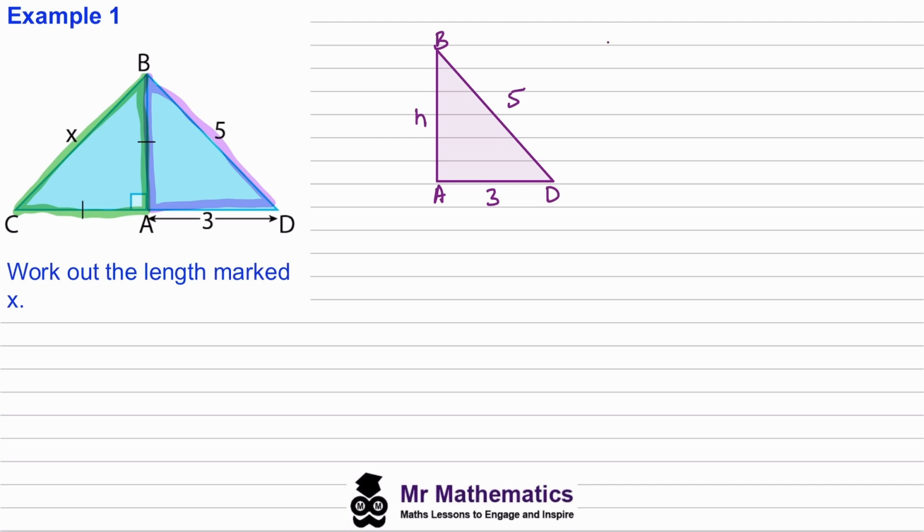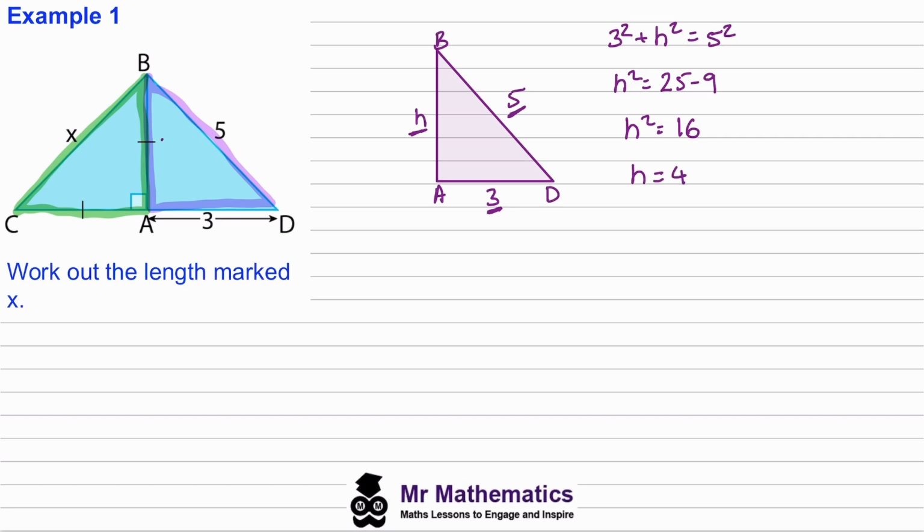So we can write this as 3 squared, plus h squared, will give us 5 squared. So h squared will be 5 squared, 25, minus the 3 squared. So h squared will be equal to 16. And then we can take the square root of both sides, so h will equal 4.